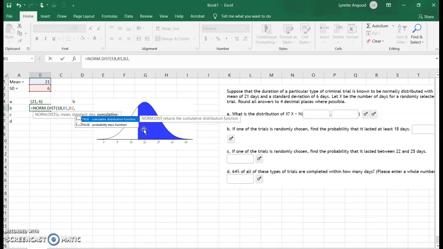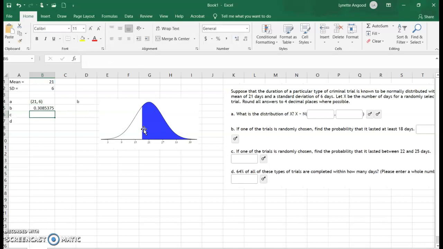So we just say true with regards to cumulative, okay? And we hit enter. Now the area below 18 days in this normal distribution is equivalent to 0.3085.